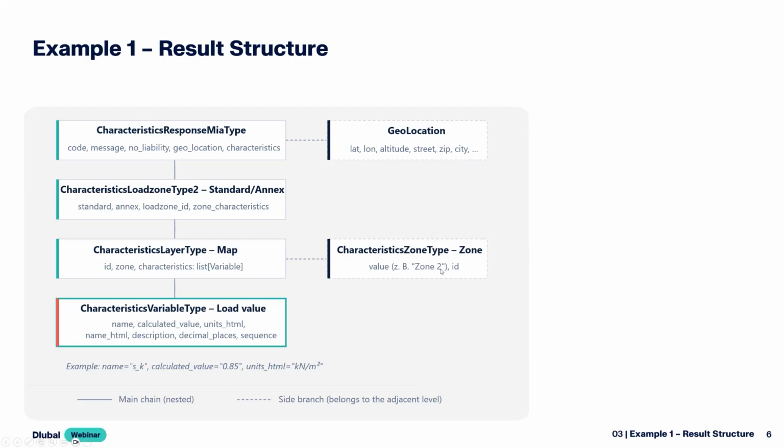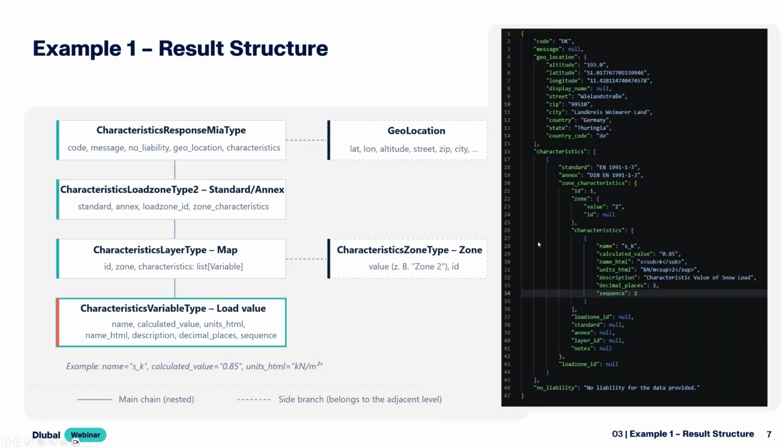The zone might be the wind zone number 2 and an ID for it. And in the characteristics, we have probably what we mostly seek: the value and a name and also the corresponding units. This structure is a JSON text structure.